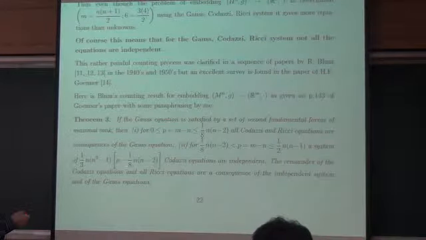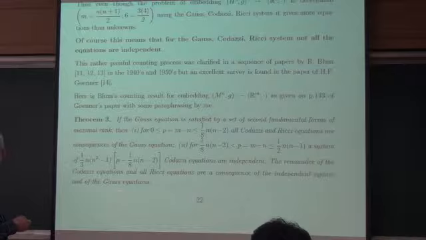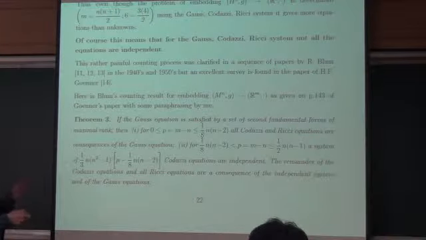How many are independent? He says, okay, in general, these are the number of independent ones, and the remainder of the Cauchys and all the Riccis are a consequence of, if you solve Gauss. I wouldn't have written it this way. I would have said, assume you've solved Gauss and then all the other equations follow.